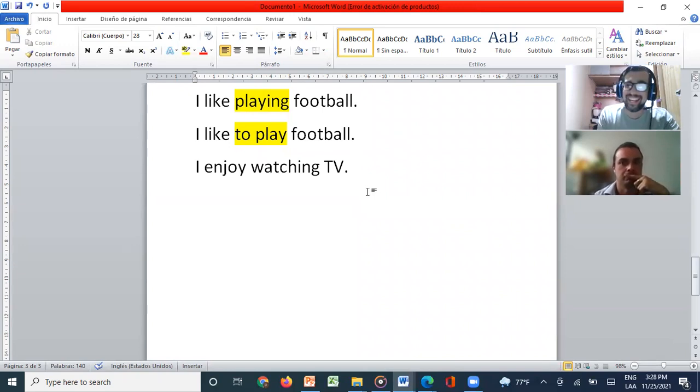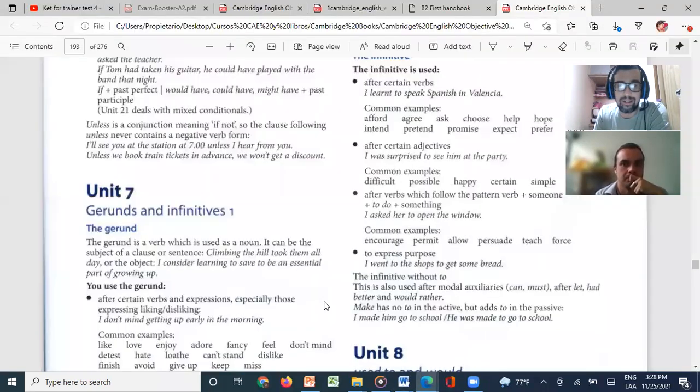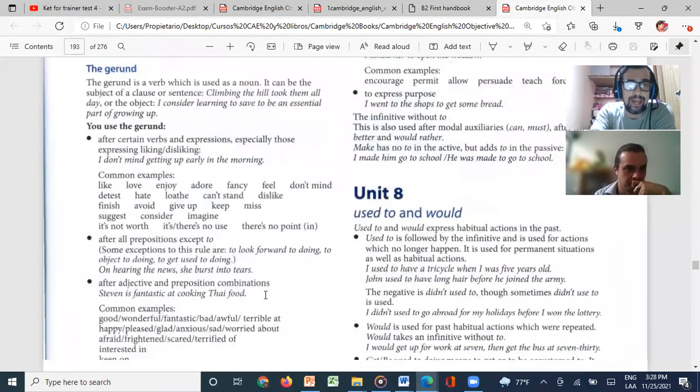I enjoy playing the guitar. I don't know if you play the guitar. I enjoy playing the guitar, or singing. I enjoy singing. Correct. So you see, that singing is not cantando. "Yo disfruto cantar." I enjoy singing, right? So there are different ways of using gerunds, and that's what we're going to see today.